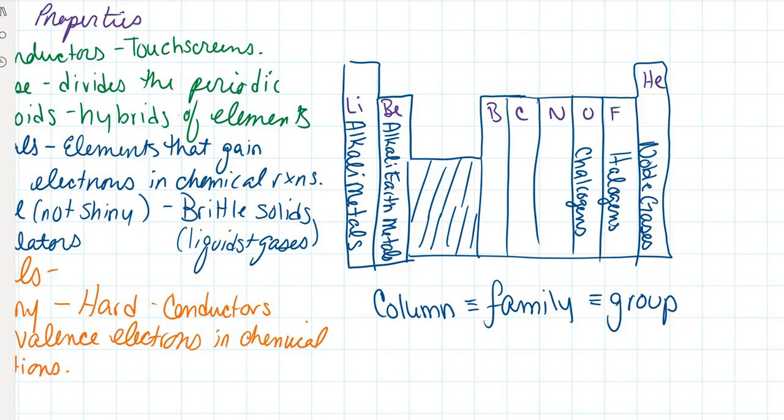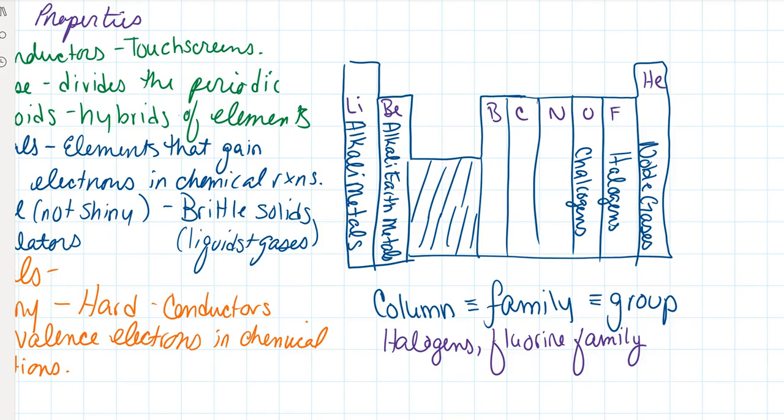So in this case, instead of calling the seventh group the halogens, I could also call it the fluorine family. And that's because fluorine is the element that's at the top of that column.